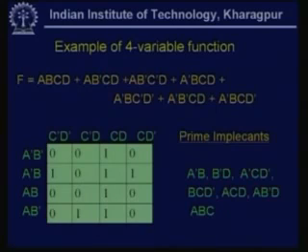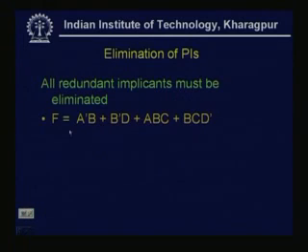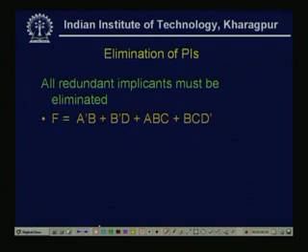So, which one will I be taking? We are taking this one as one, this one, and this. Now, we see that this is A bar B bar, B bar D, ABC and BCD bar.